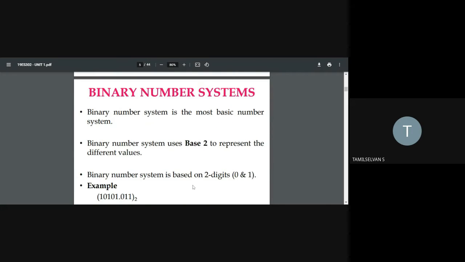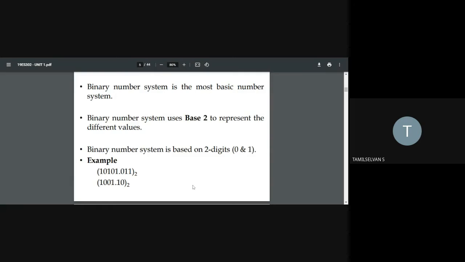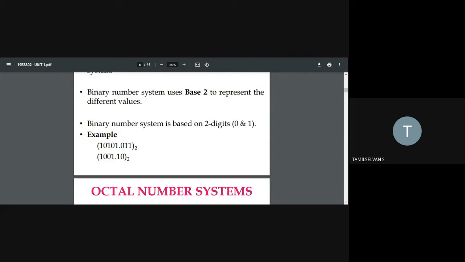This is an example for the binary number system: 1010.011 to the base 2. The binary number system contains the base value 2 because it is based on only two digits, that is zeros and ones, right?